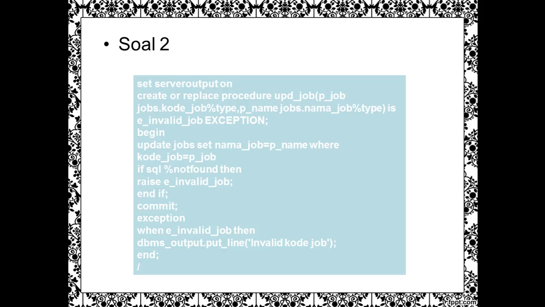So this is the exception: when e_invalid_job then dbms_output.put_line, we print the message: invalid job code.